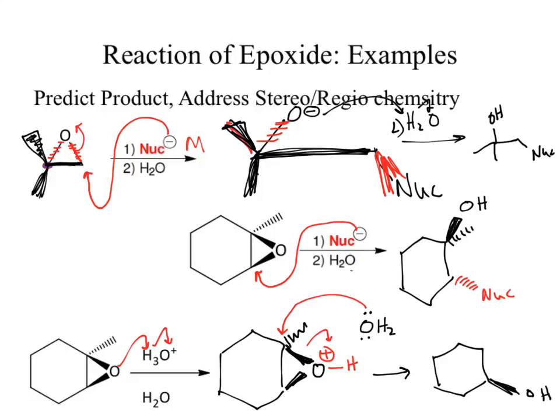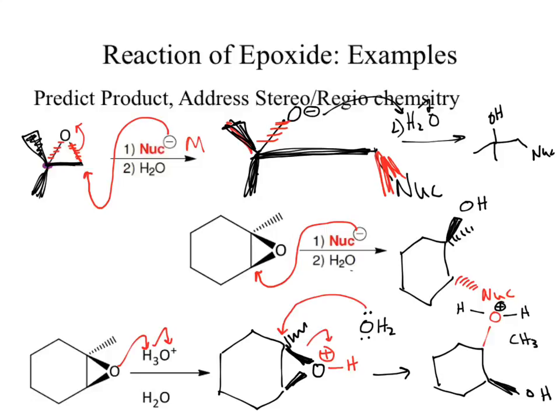So our oxygen should still be wedged. If we take a look at our new bond between our carbon and our oxygen, that oxygen is still positively charged. And we still have our CH3 there.